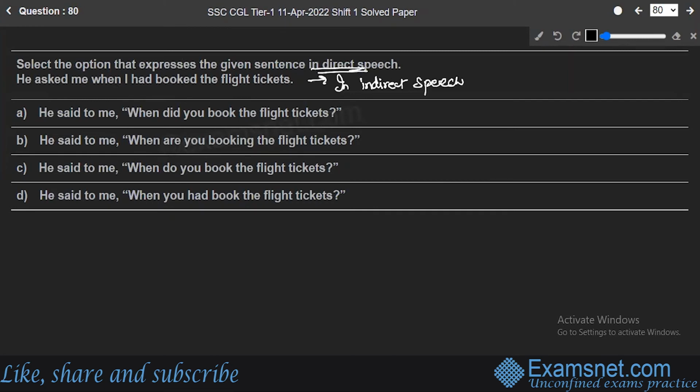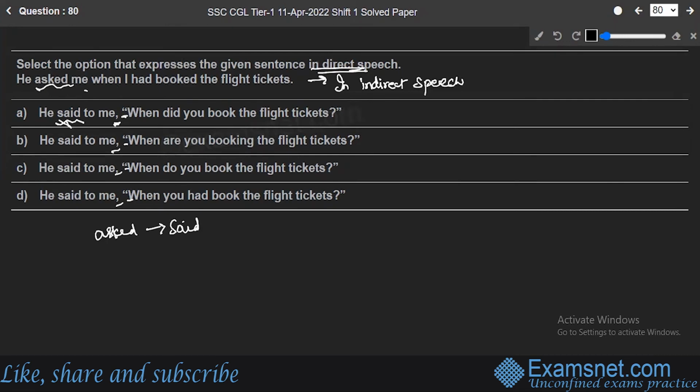The process of this conversion will be like this: asked will be converted into said. First thing. Now the comma and inverted commas will be added in all the options.